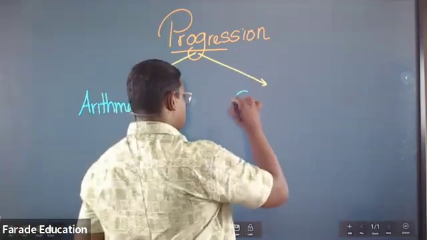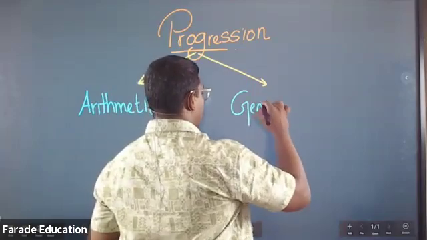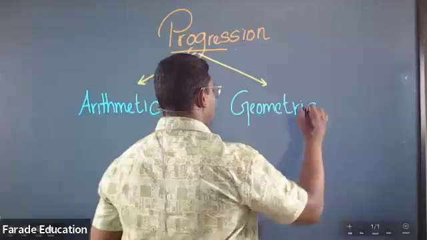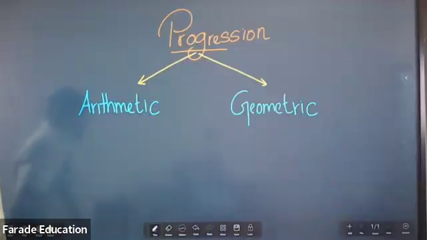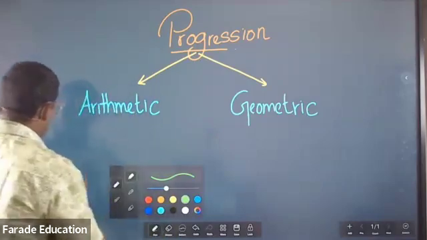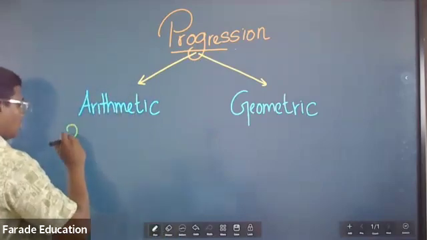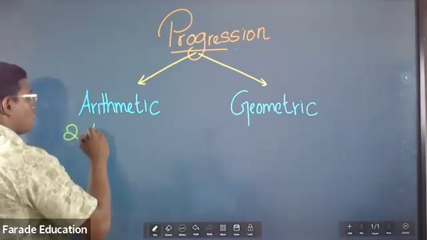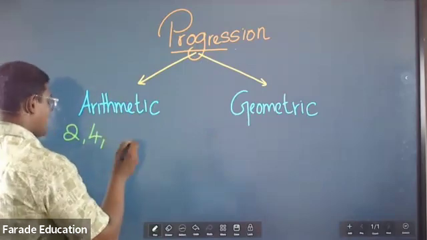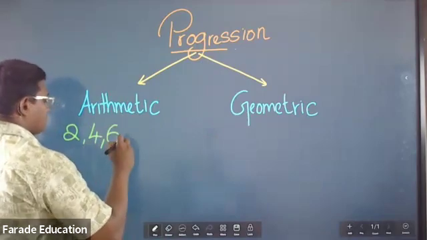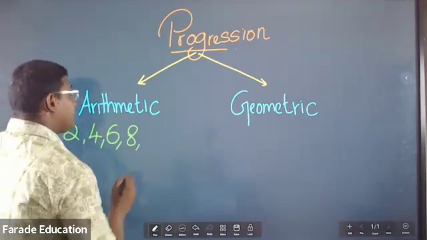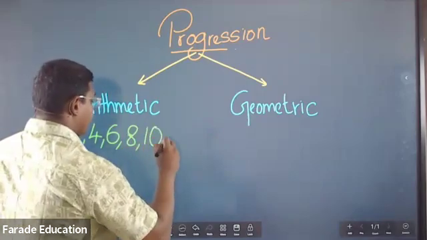The next one is the geometric progression. Arithmetic progression is what? When you have a number pattern, 2 plus 4 is 6. 4 plus 2 is 6. 6 plus 2 is 8. 8 plus 2 is 10. Likewise, this goes on.